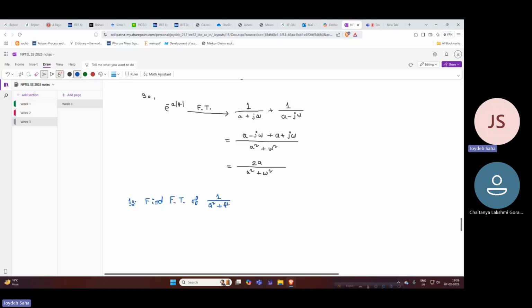Can you solve this? This is square rather. Can you at least try to solve this?